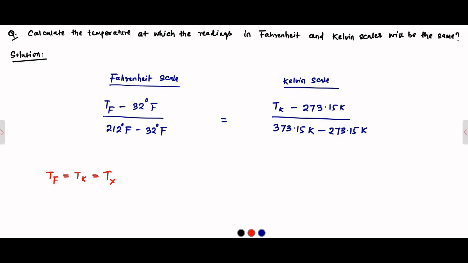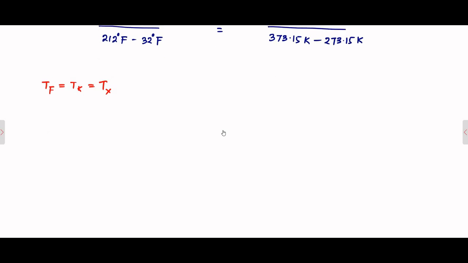So here it will become (Tx minus 32) by (212 minus 32), that is 180, is equal to (Tx minus 273.15) by (373.15 minus 273.15), that is 100.